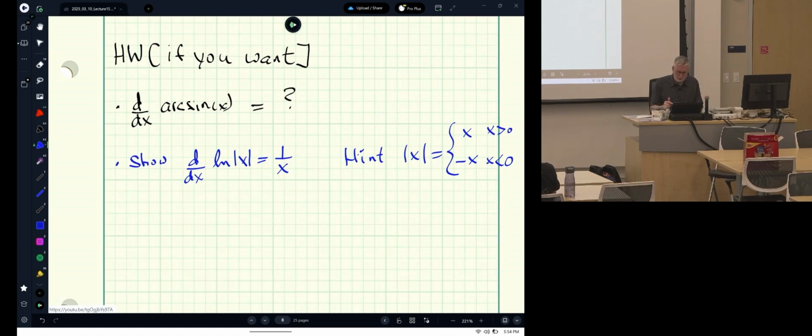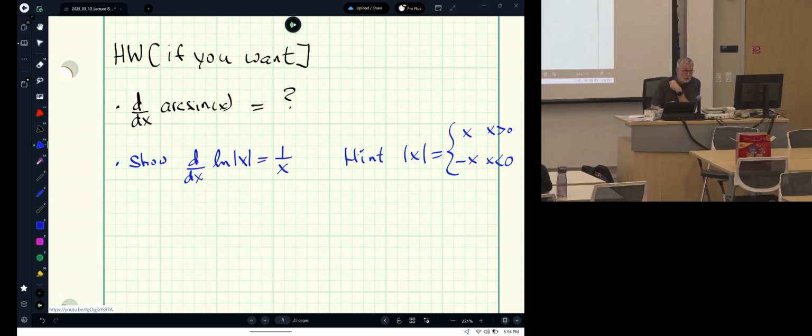And then it's just the chain rule because you know, or you've done otherwise, the derivative of log of x when x is positive, so now do absolute value of x when x is negative, and the chain rule will get rid of the minus sign for you. Okay, so just do this derivative when x is negative, and you'll be doing d by dx.